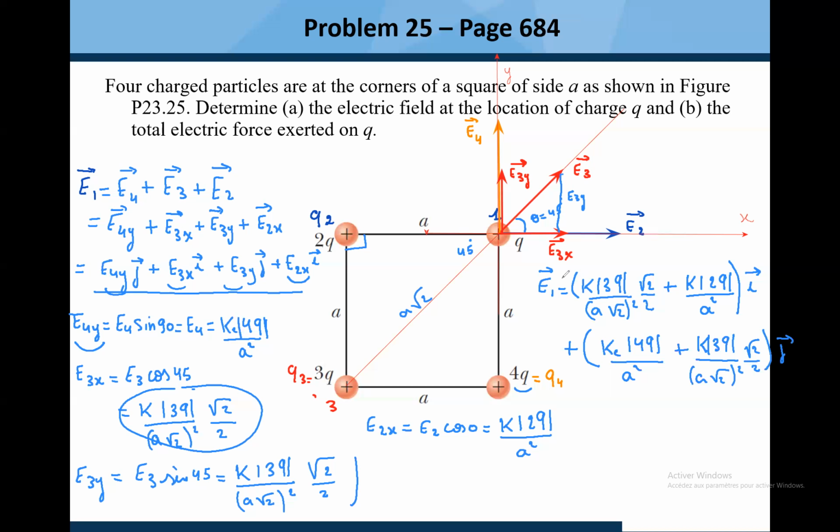So it's the value of the electric field vector. Okay, we can do some simplification to write this equation in another form. How? Okay, we have to calculate the electric field. We have to be precise.